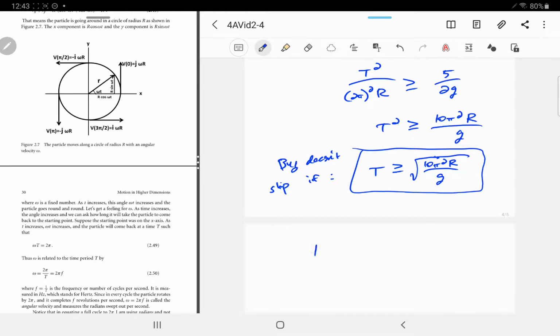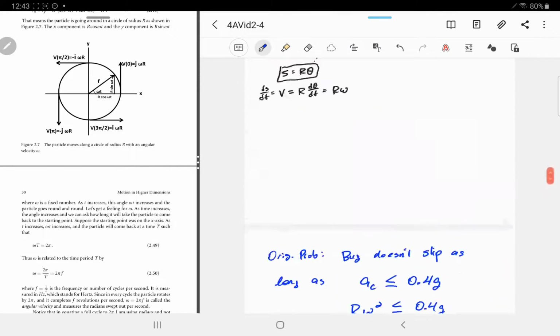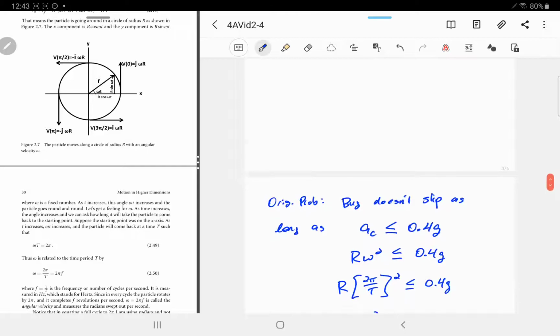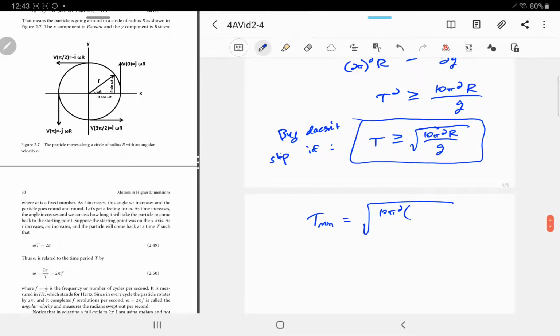So T min is equal to the square root of 10 pi squared. Let's see, the radius was 0.25 meters, then divided by 9.8 meters per second squared. So the minimum period is, I apologize, I didn't do this in advance. 10 pi squared, 0.25.